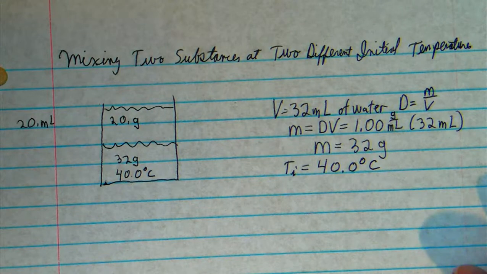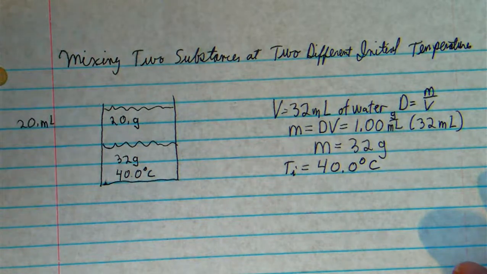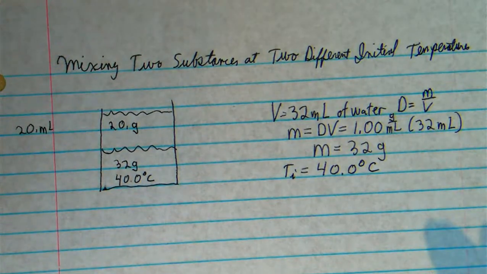But wait, this water is at a significantly different temperature than 40 degrees. Eric Lee, what is the temperature of this water? Repeat that, please. Did you say 42 degrees Celsius?